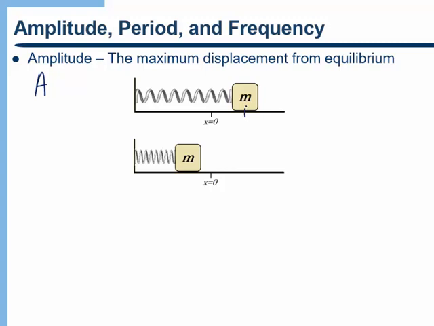So you'll notice that when I take this object and I displace it to some initial value, that is the amplitude, because that's going to be the maximum displacement from equilibrium. When we let that object go, it's then going to oscillate between A and negative A. So A is the amplitude, and it's the maximum displacement from equilibrium.